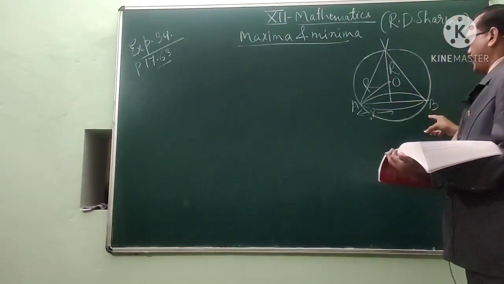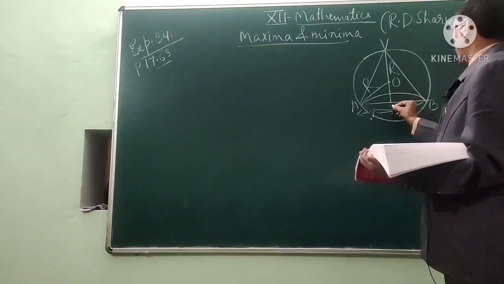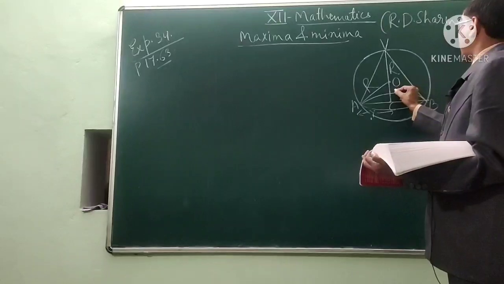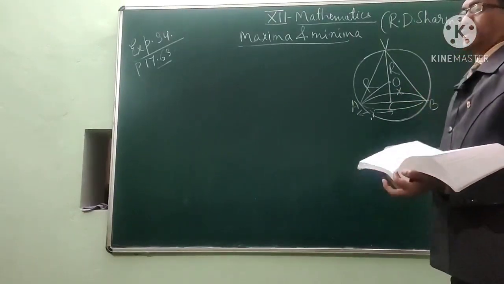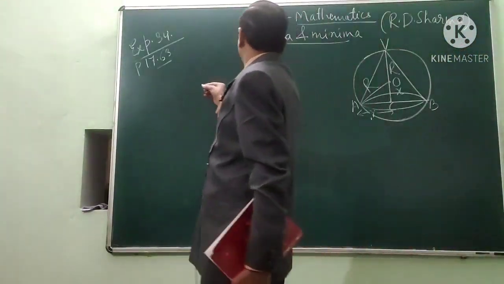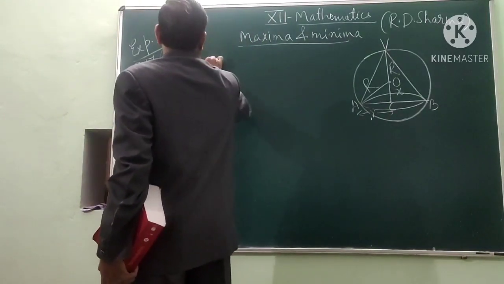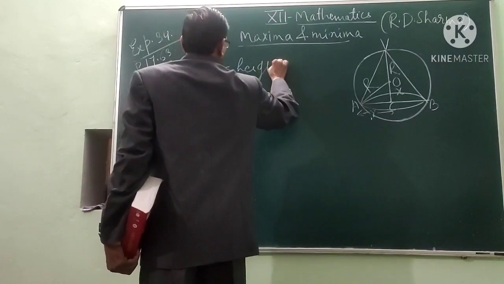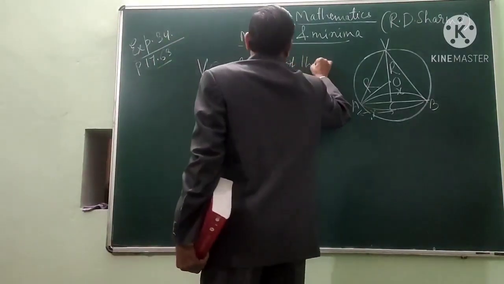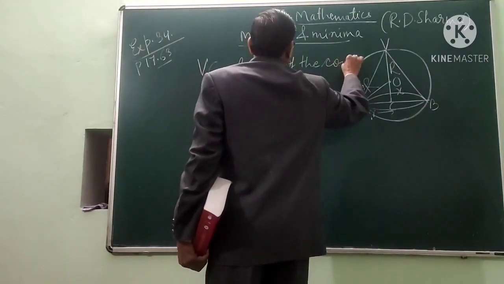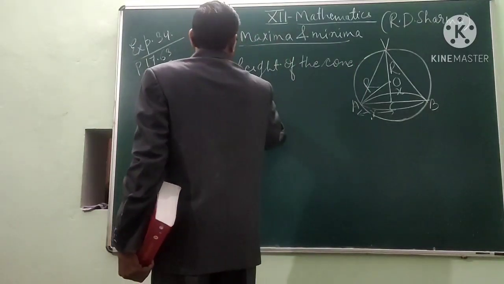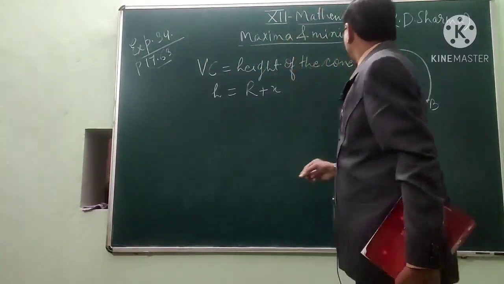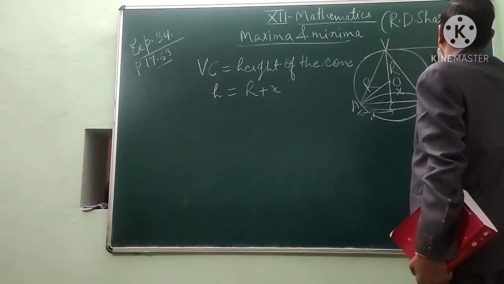VAB is a cone. Let OC, where C is the center of the cone's base, be x. Then the height of the cone, that is VC, is R plus x. Let the height be h.